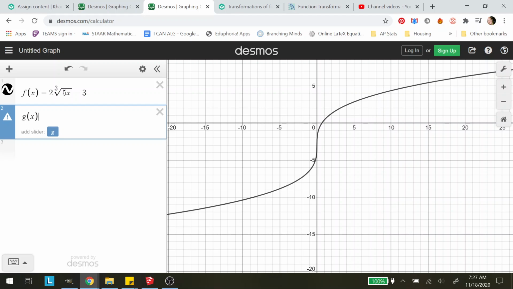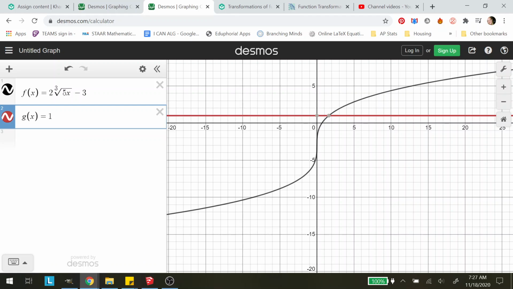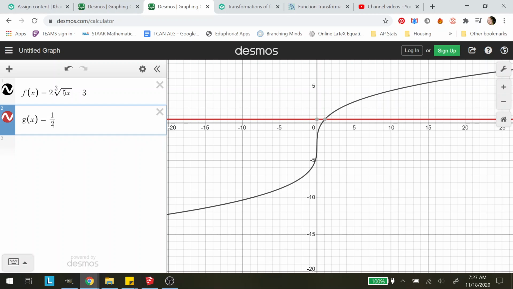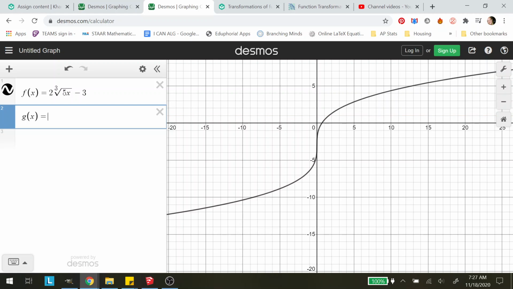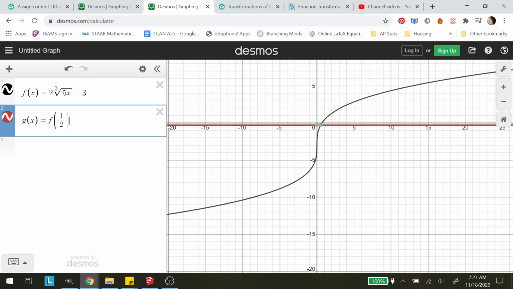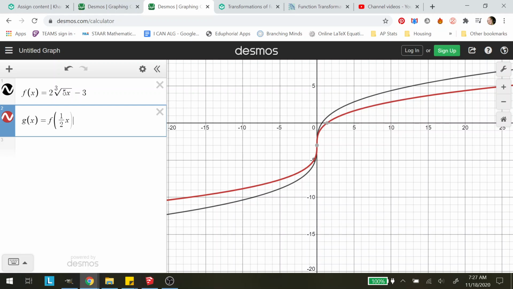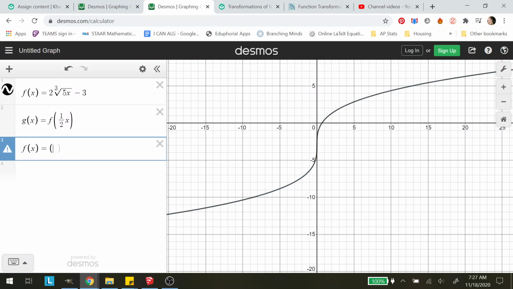So maybe they're saying g of x is equal to f of 1/2 of x. Sorry, I need to say f of x first. Maybe I'm looking at an equation where f of x is something like this.